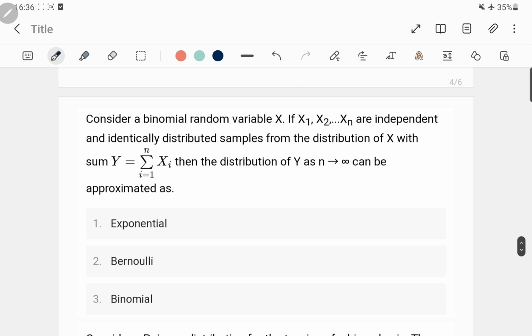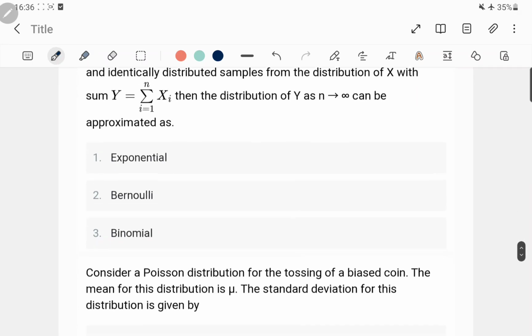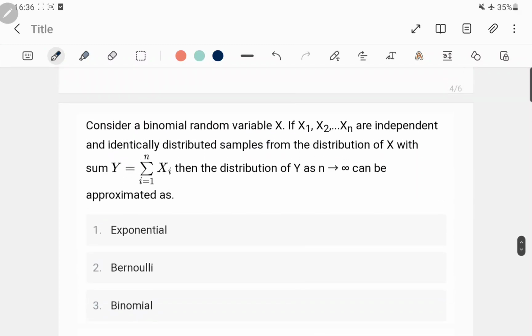Consider a binomial random variable x. If x1, x2, xn are independent and identically distributed samples from the distribution of x, with y as their sum, the distribution of y as n tends to infinity can be approximated as. This is a very important property of binomial distribution: if the xi's follow binomial distribution, then the summation of xi will also follow binomial distribution.